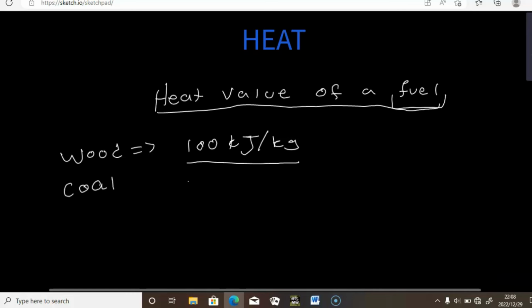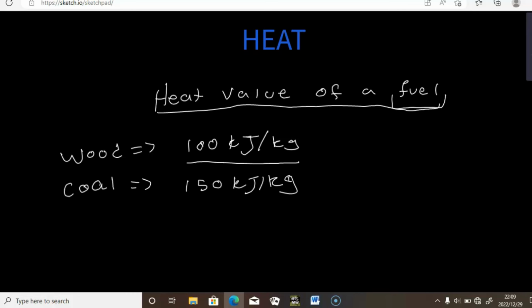If we are having 150 as the heat value of coal, this tells us that if we are going to burn completely this coal, we are expected to receive 150 kilojoules of energy. And that is what heat value really is.